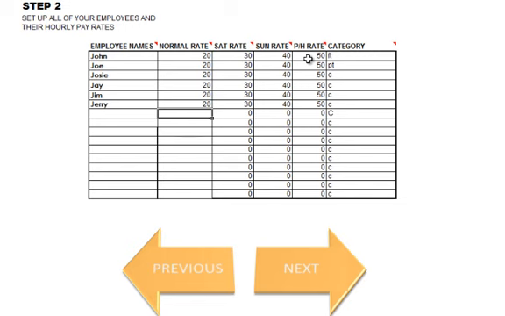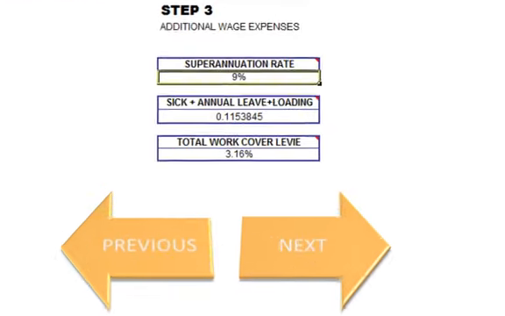The one element that you need to consider here is the category of employment, whether or not they're full-time, part-time or casual, as this will alter their entitlements. In this instance you can see that John's full-time, we'll leave that the way it is. Joe's part-time, Josie, Jay, Jim and Jerry are all casual, so we'll leave that the way it is. If you do need to change that, it's FT for full-time, PT for part-time and obviously C for casual. Let's click next to move on.